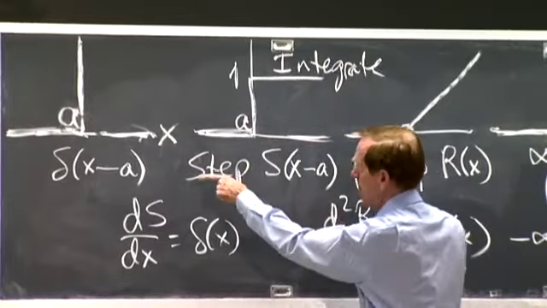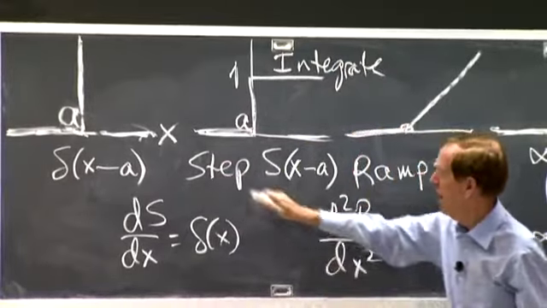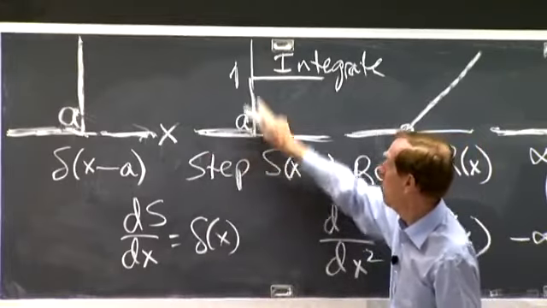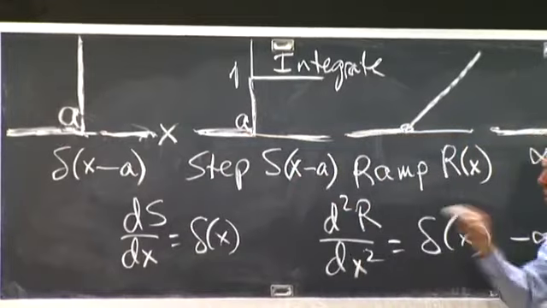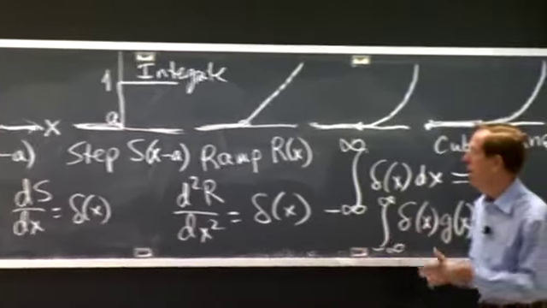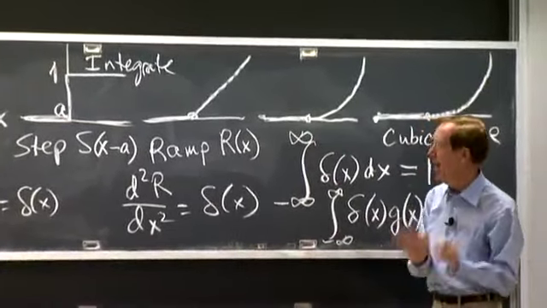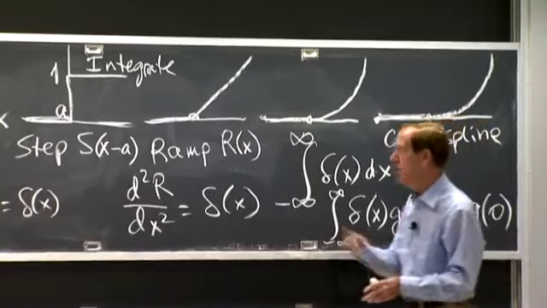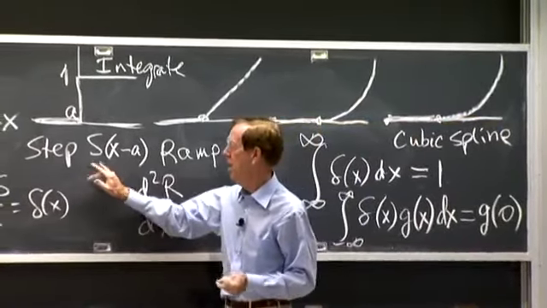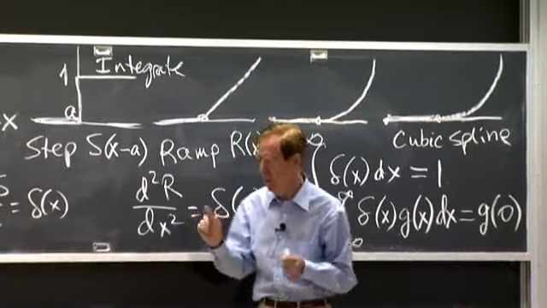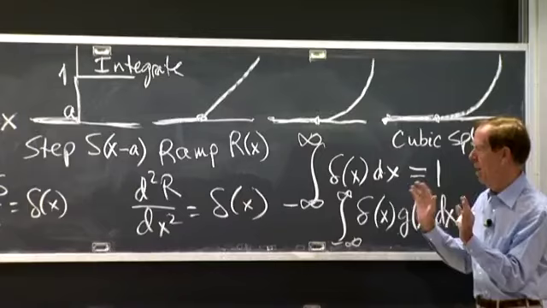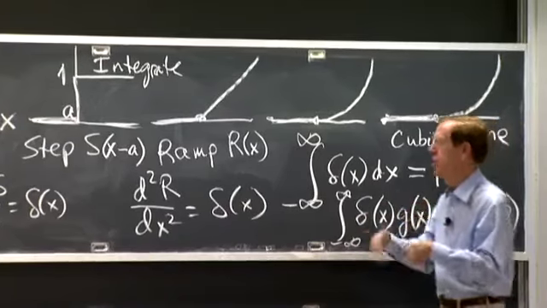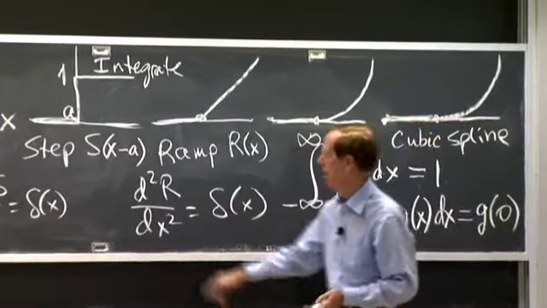I start with that delta function and I integrate, and it suddenly jumps to 1 as soon as the integral goes past the spike, the impulse. Okay, so a step function, very handy function, sometimes called a Heaviside function, named after the electrical engineer, I think, who first worked out the rules for using these.